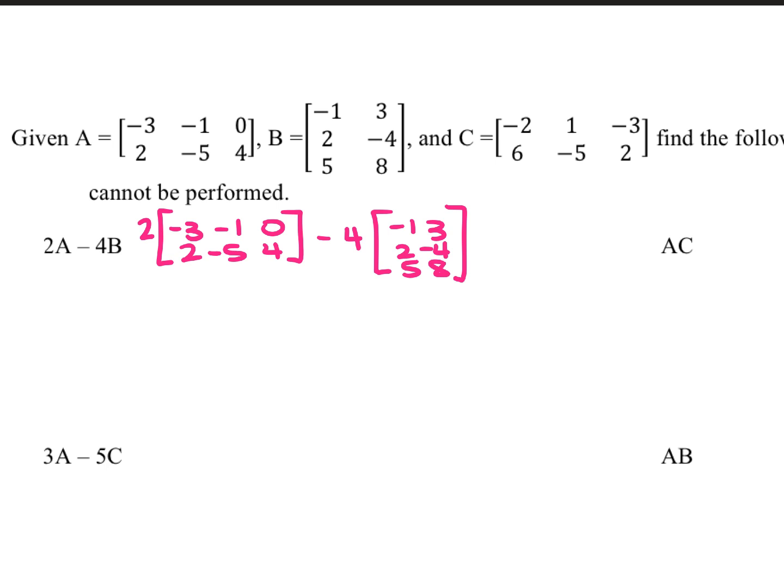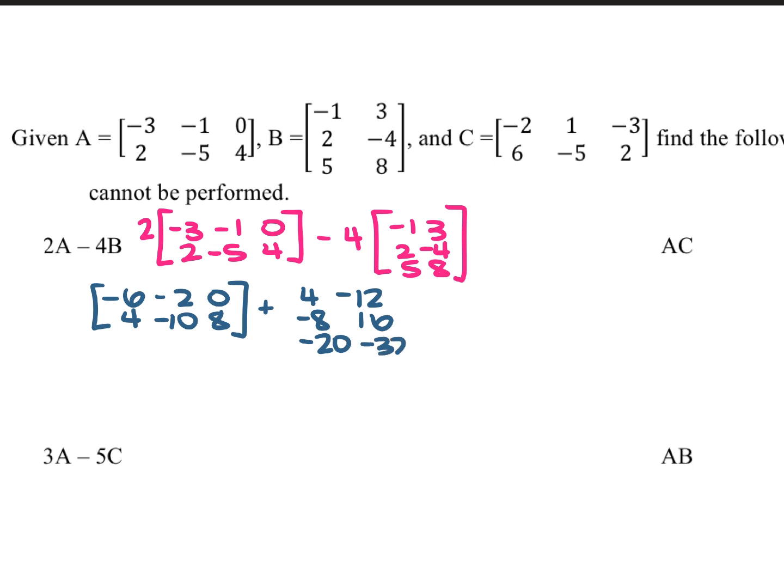First off, you multiply the 2 in, that's going to give you negative 6, negative 2, 0, 4, negative 10, 8. If you multiply the negative 4 in, that turns it into a positive. In between the two, you're going to change the sign on everything inside that second matrix. That's going to give you 4, negative 12, negative 8, 16, negative 20, negative 32.